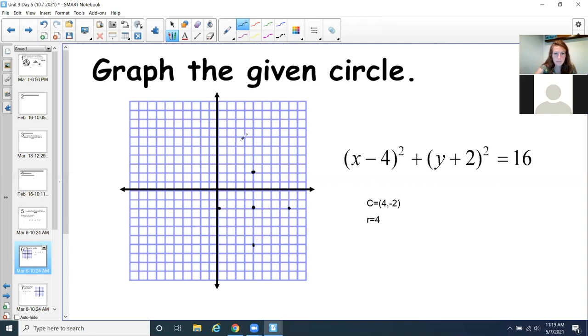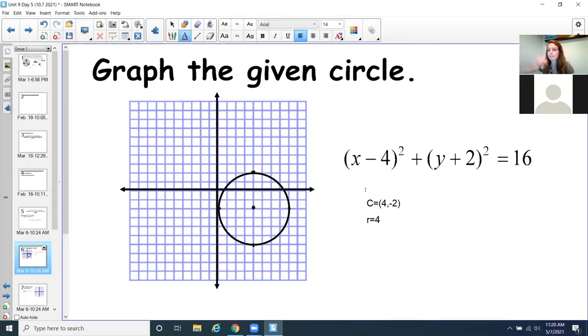Okay, and this is going to look really bad if I do it that way, so I'm just going to do it this way. Yeah, that's about right. There we go. Perfect. Okay. Yeah, so graphing a circle is so easy.